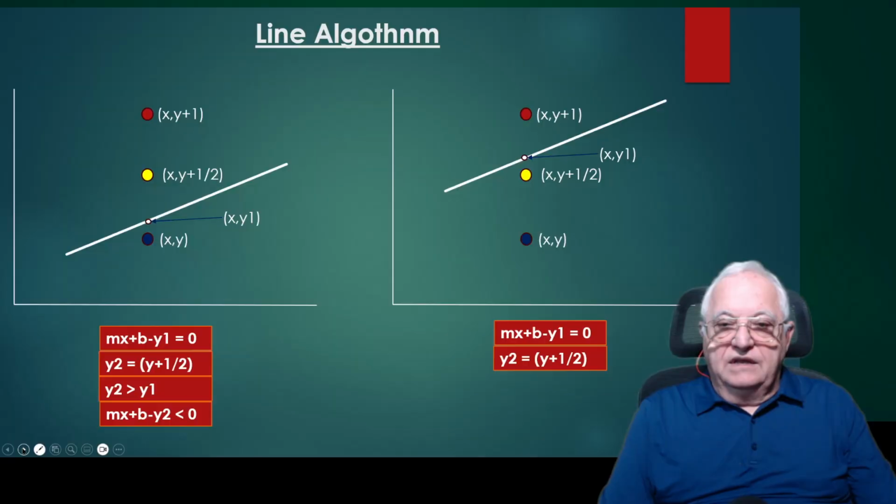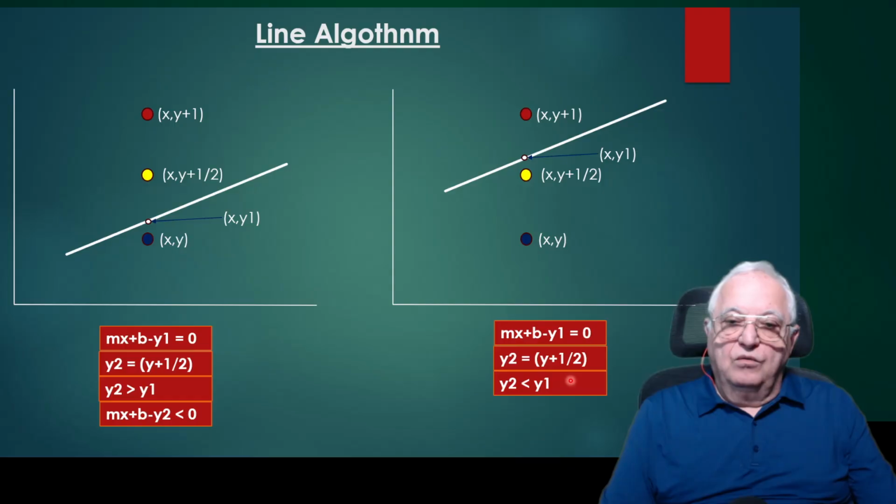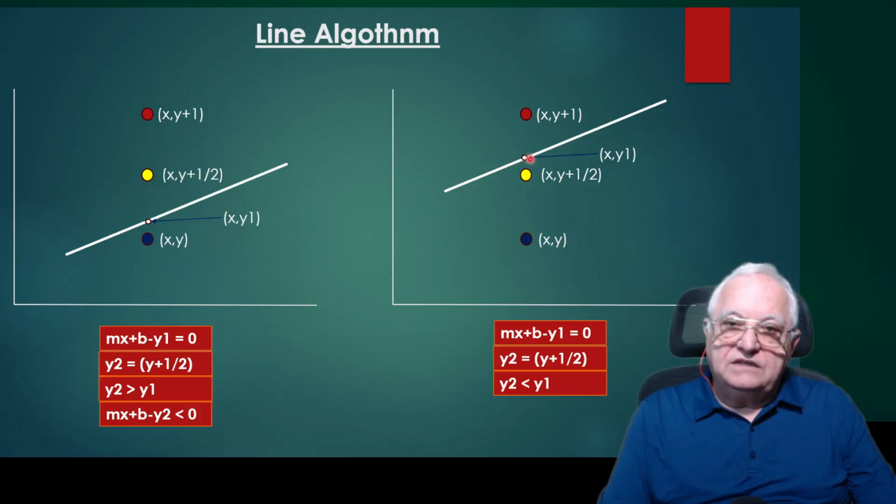Now I define my y2, which is going to be y1 plus 1/2. And of course y2 is going to be less than y1, because y1 is up here, y2 is below.